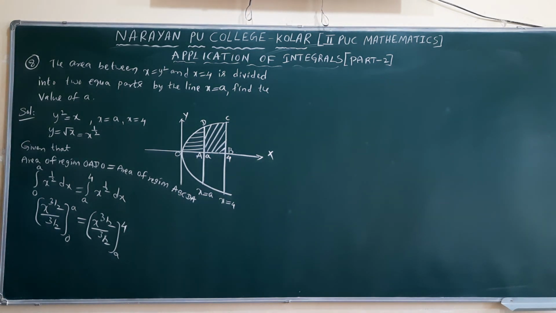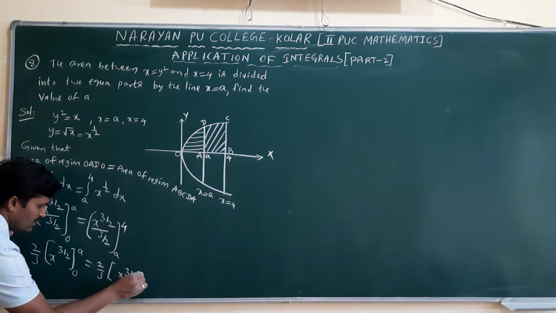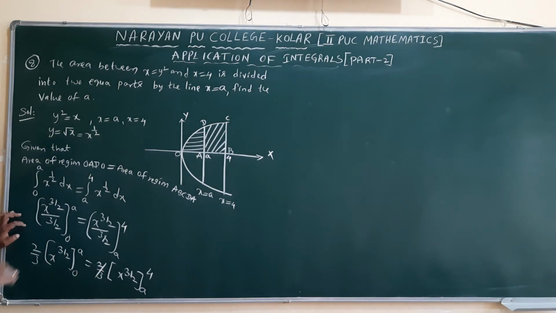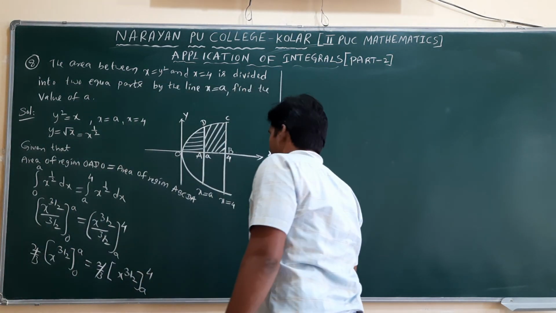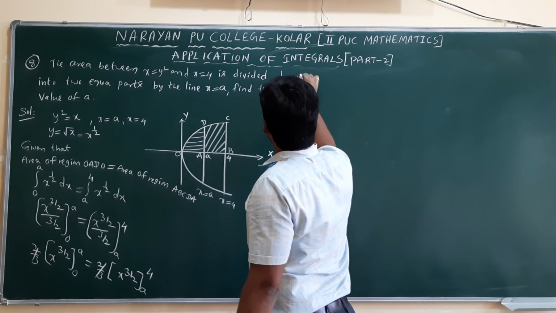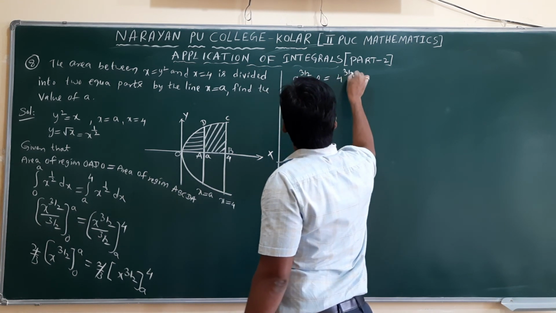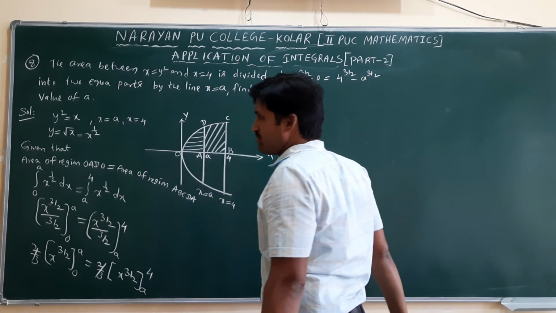Now 2 by 3 reverse will come. 2 by 3 into x power 3 by 2 from 0 to A equal to 2 by 3 into x power 3 by 2 in limits from A to 4. 2 by 3 gets cancelled. Now you will substitute the upper limit and lower limit in the place of x. A power 3 by 2 minus 0 equal to 4 power 3 by 2 minus A power 3 by 2.